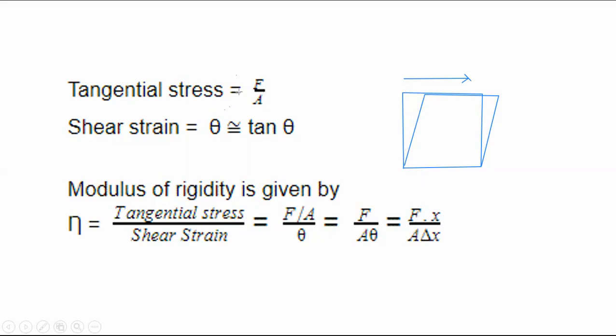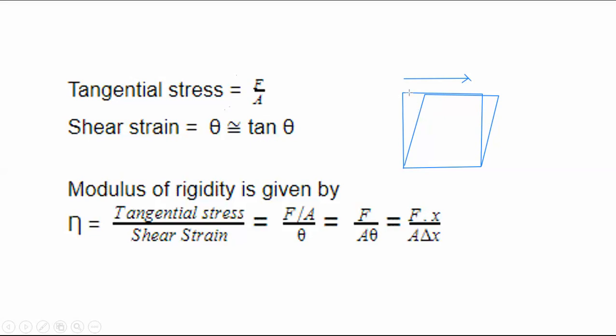Here you can see tangential strain will be, let us say this is the angle theta. Now here theta is the strain, and how we will calculate this theta, this angle made by these two lines, actually those are planes.